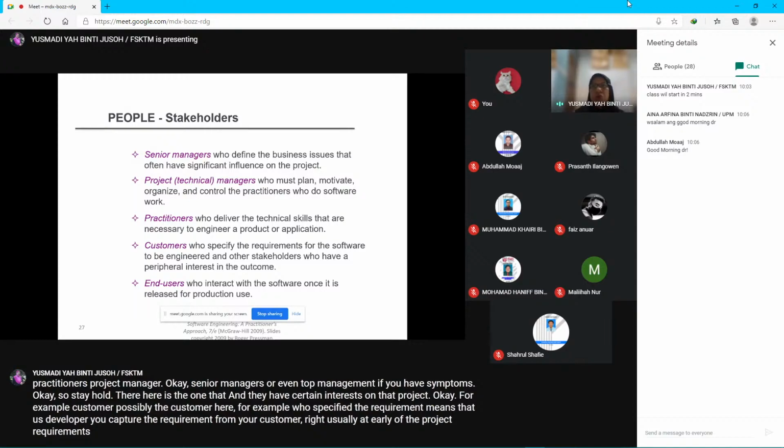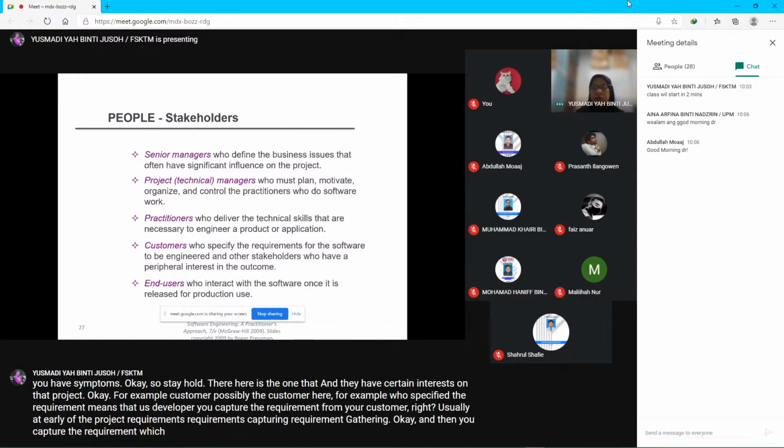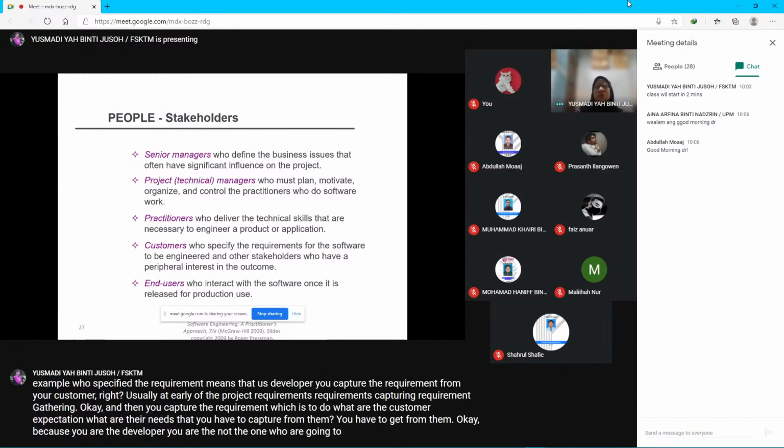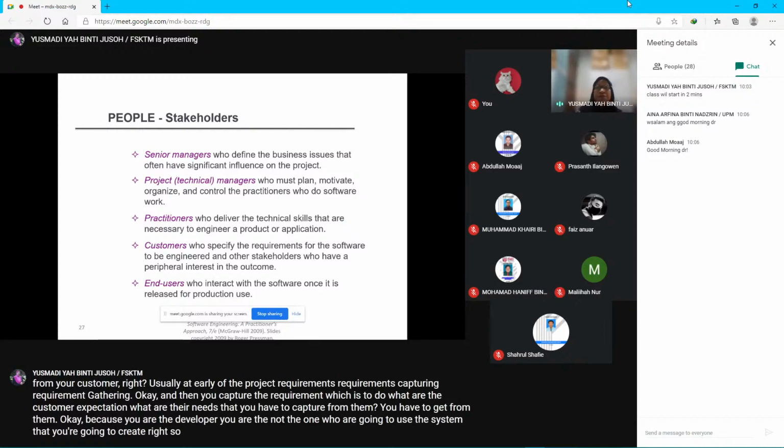Requirements capturing, requirement gathering: you capture what the customer expectations are, what their needs are that you have to get from them. Because you are the developer, you are not the one who is going to use the system or the application that you're going to create, right? So in that way, stakeholders have a certain interest. That is the customer, right?